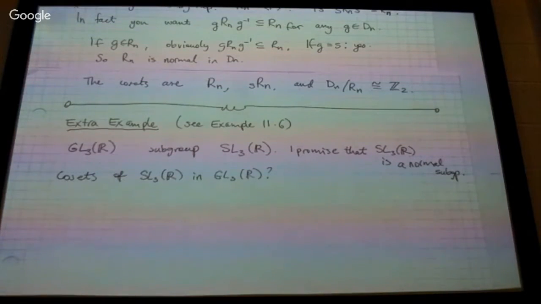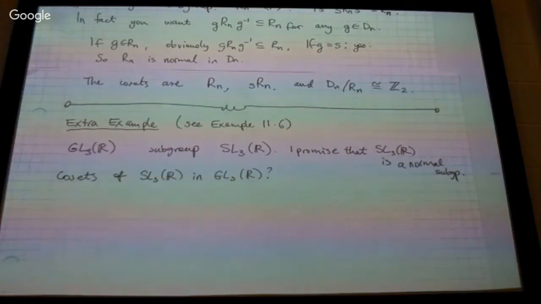Okay, so one of the cosets is SL3 itself, that's always the case. Yeah, so each coset is all the matrices with the same determinant. That was the conclusion. Does that ring a bell?